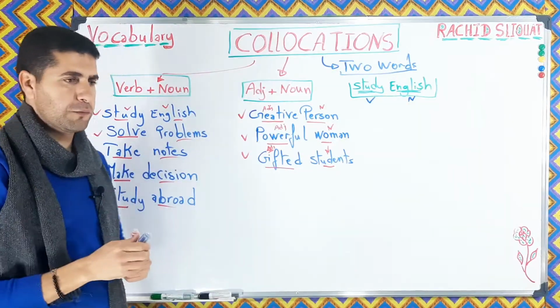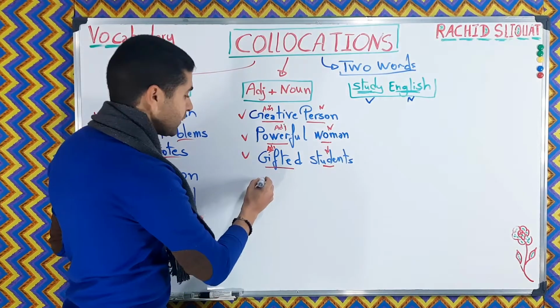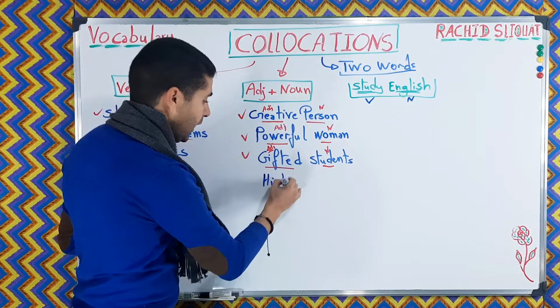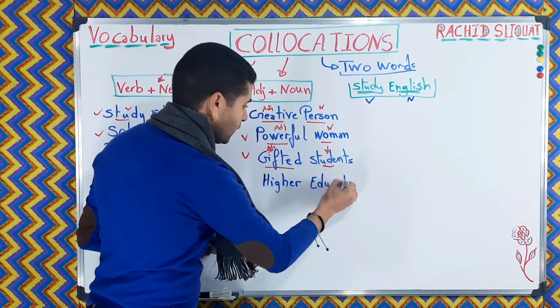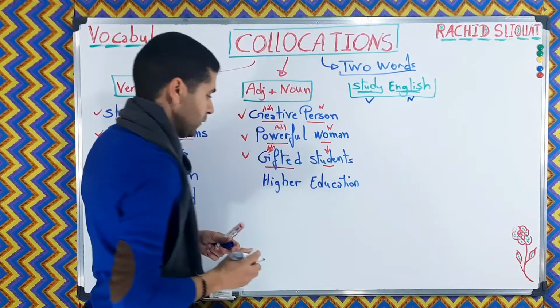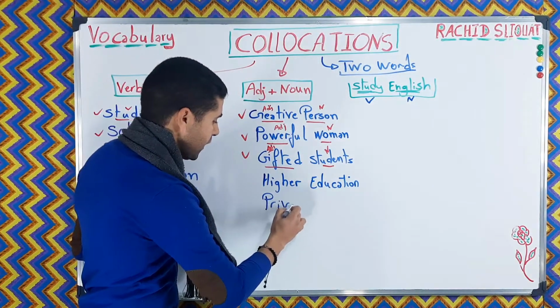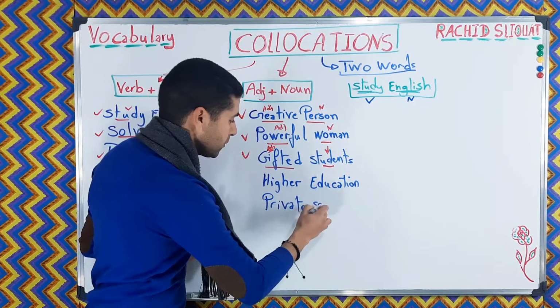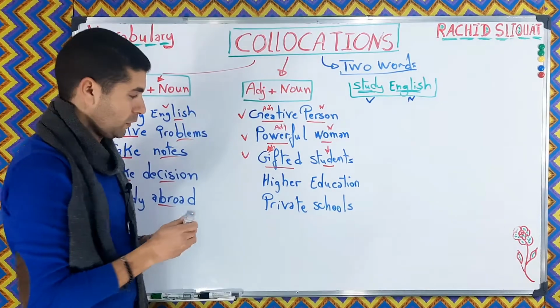We can go to unit, for example, number 3, education, and we talk about, for instance, higher education. We can talk about private school or private schools, okay, private schools.